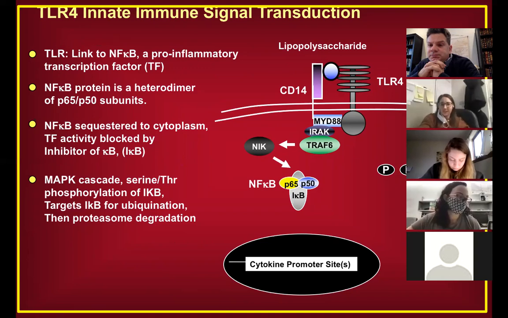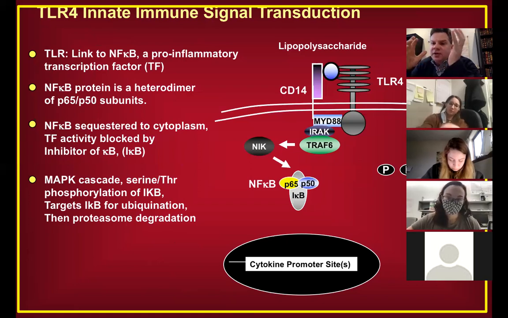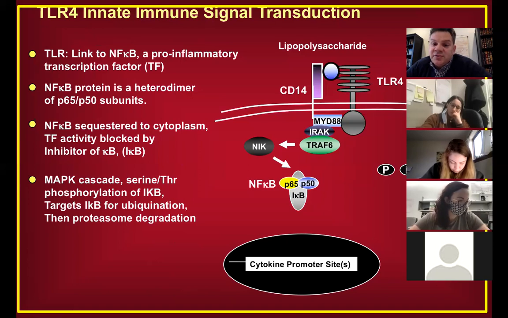Nuclear translocation signal. That's right. And so it turns out oftentimes that you have sequestering proteins that bind to transcription factors and hide that signal. So it effectively cannot get into the nucleus. What this NIK kinase does is it phosphorylates the I-kappa B, which is the inhibitory part.